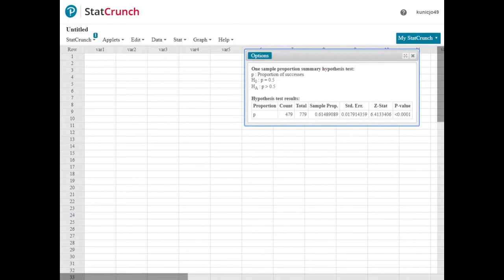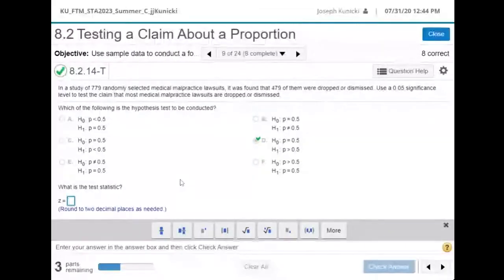And the z-score is rather large, 6.4133. So everything points to us obviously rejecting the null. So we're going to be supporting the claim, because that's where the claim is, in the alternative. If we're rejecting the null, then that means that we're supporting the alternative.